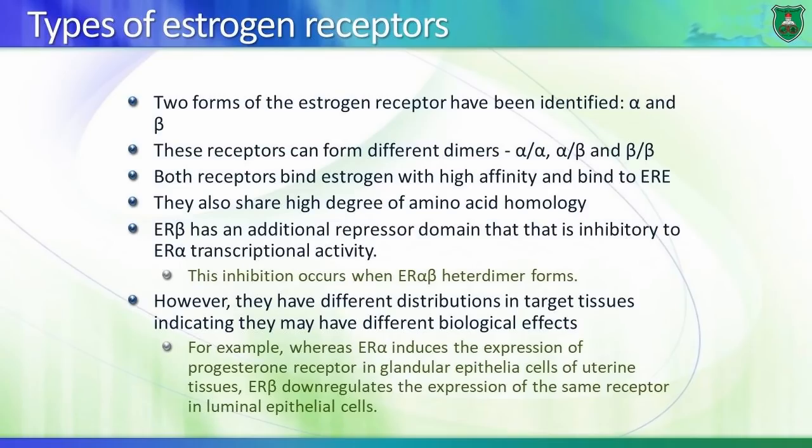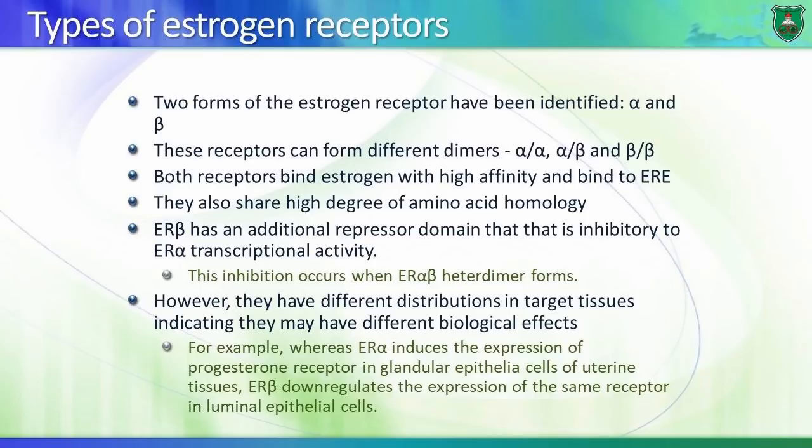All right. Now, the estrogen receptors, I think it's important that you know more about the estrogen receptor. There are two forms of the estrogen receptor, known as alpha and beta. When you have dimerization of the receptor, you can have either homodimers, alpha-alpha or beta-beta, or the formation of a heterodimer, which is the alpha and the beta.